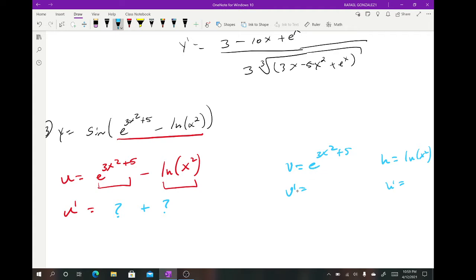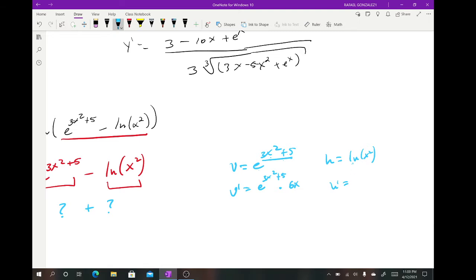Now the derivative of e to the 3x squared plus 5 is e to the 3x squared plus 5 times the derivative of this piece. Well, the derivative of this piece by the chain rule, so this is yet another chain rule here, is 6x plus 0. Remember, the 5 just goes away because it's a constant.